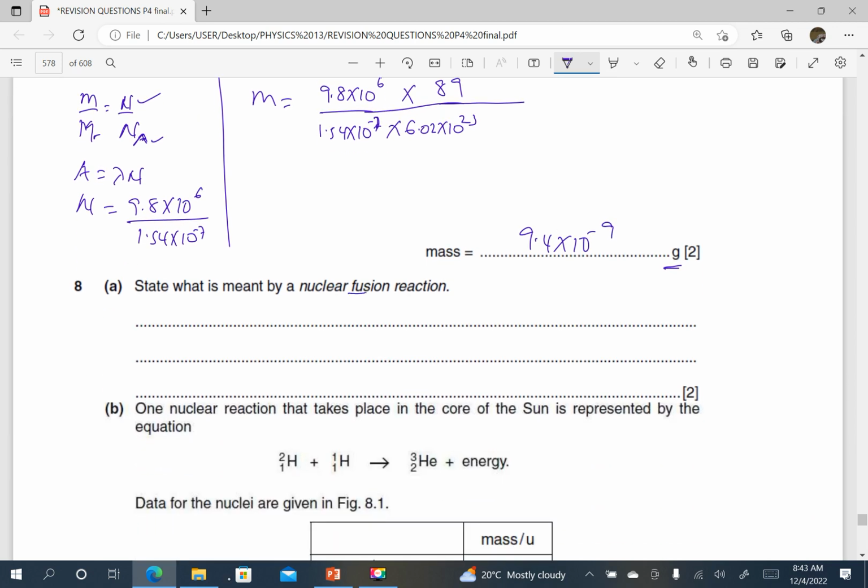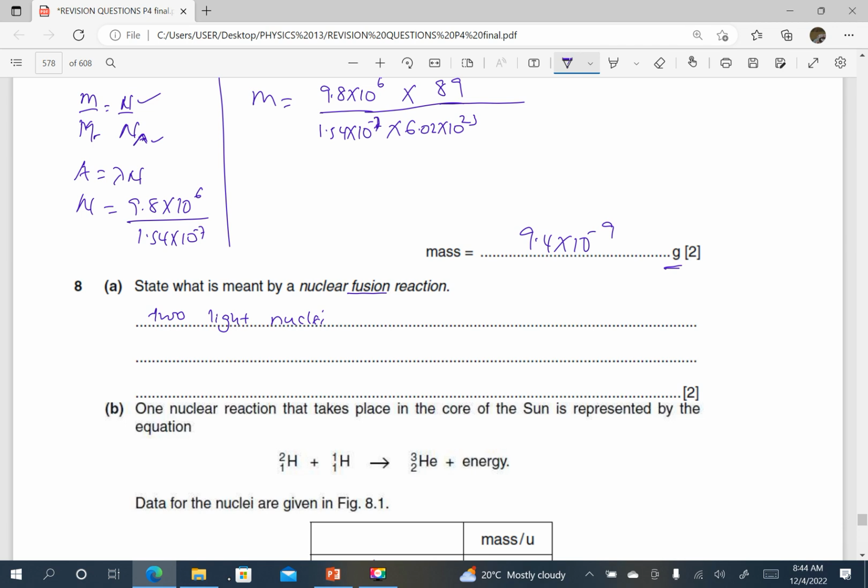State what is meant by a nuclear fusion reaction. Remember, fusion, two lighter nuclei come together. Not light in terms of electromagnetic radiation, but light in terms of weight.